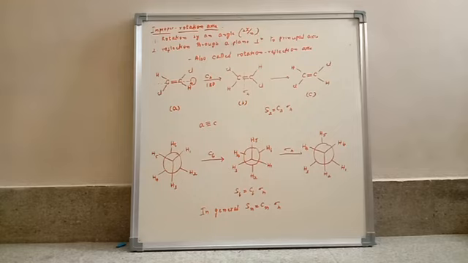Then perpendicular to the C2 axis, if you perform a sigma h, there is one more interchange, that is, one more reflection takes place, and your first structure, that is the first orientation in space, A, is equivalent to the C orientation, that is, C structure.